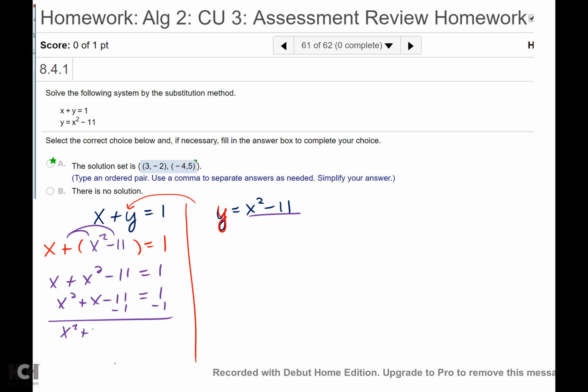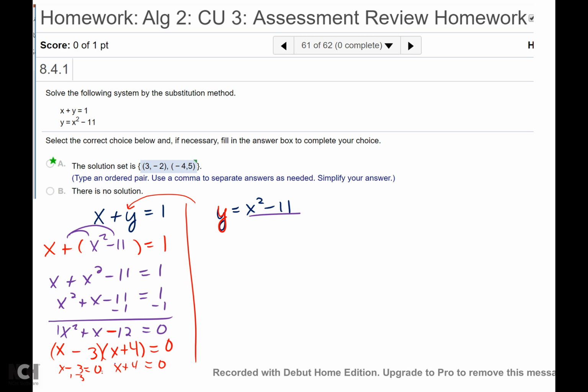I have x squared plus x minus 12 equals 0. I'm going to factor. It should be an easy factor since a is 1, so x and x. Factors of 12 that make 1 would be 3 and 4. C is negative, so only the bigger one gets the negative. Set them to 0 and solve.